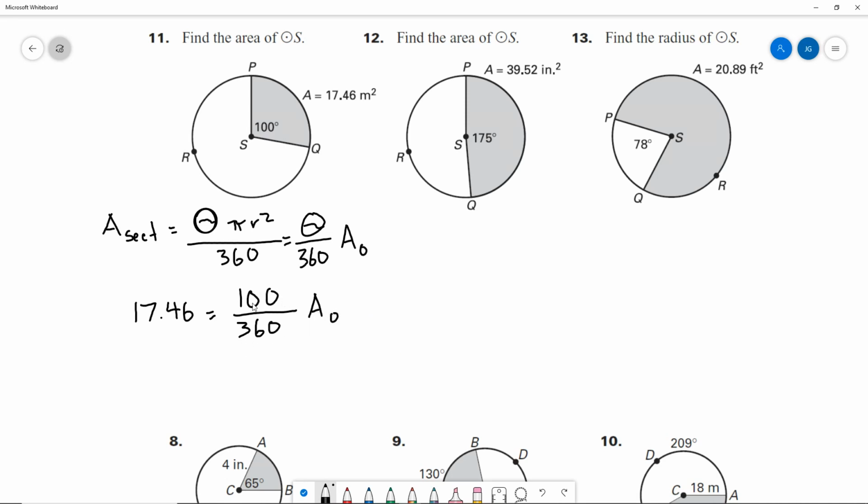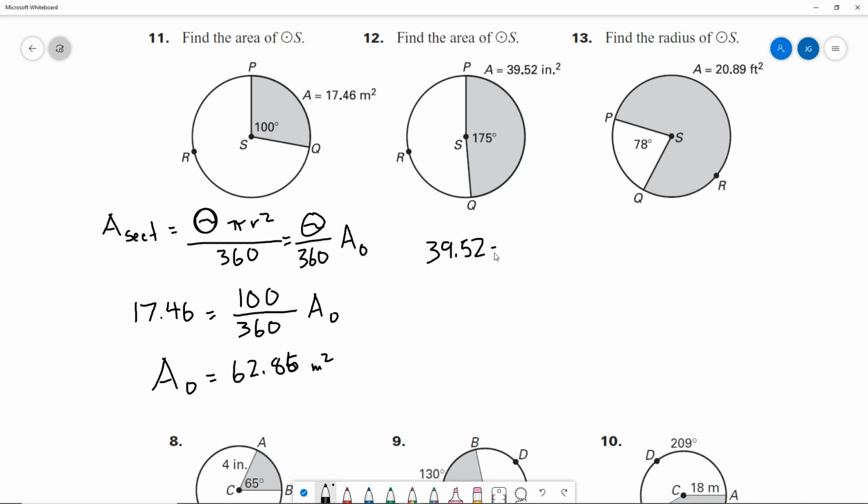And then if we just take the reciprocal of this and solve for the area of the circle, that's going to give us a value, once we plug it into the calculator, of 62.856, or I can round that to 86, and that's going to be meters squared because that's what our unit is.